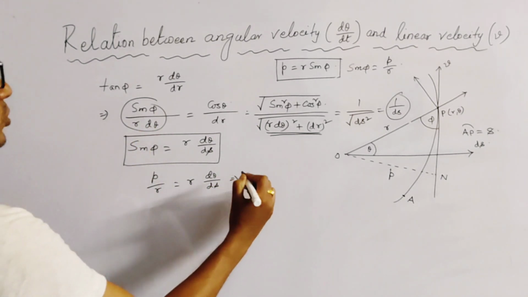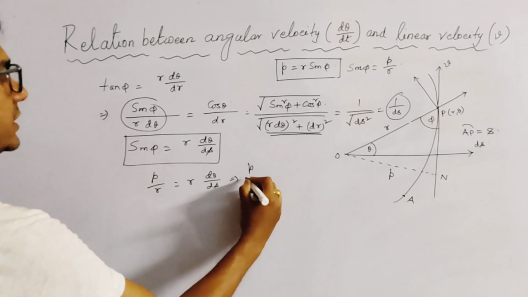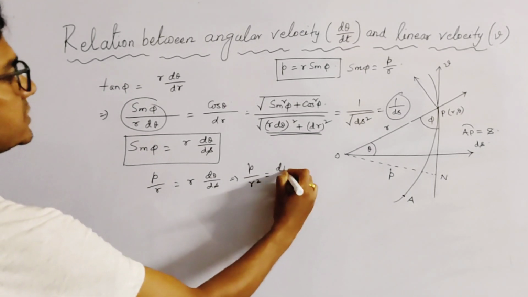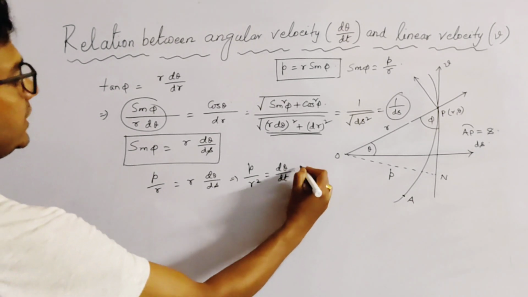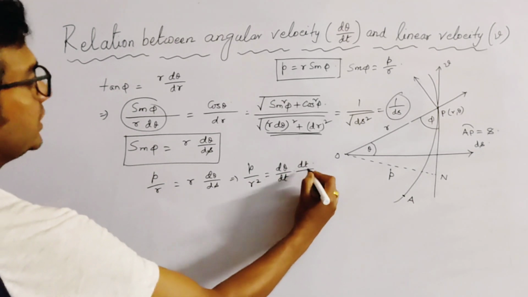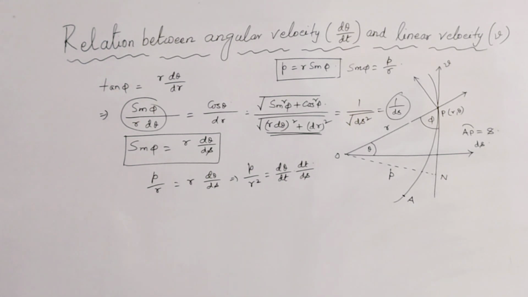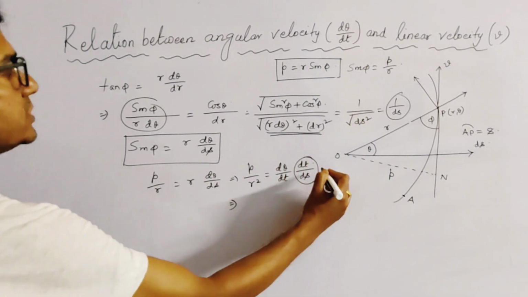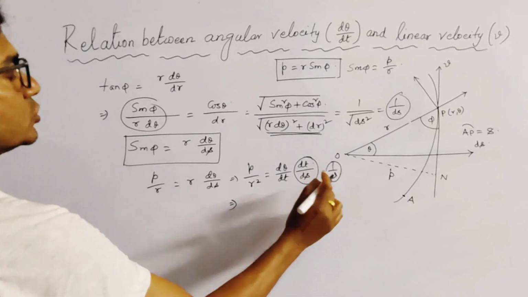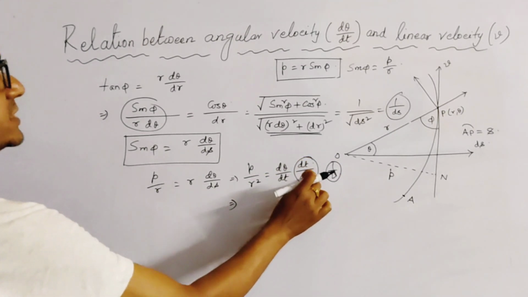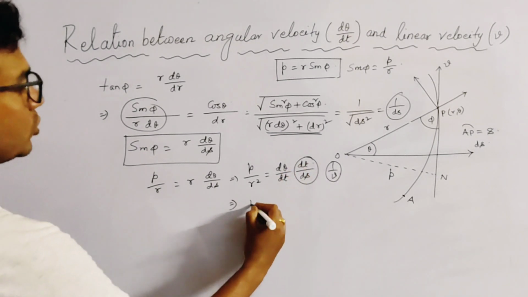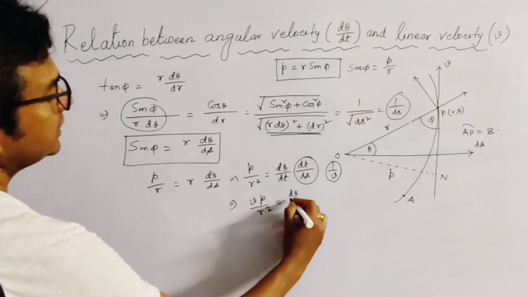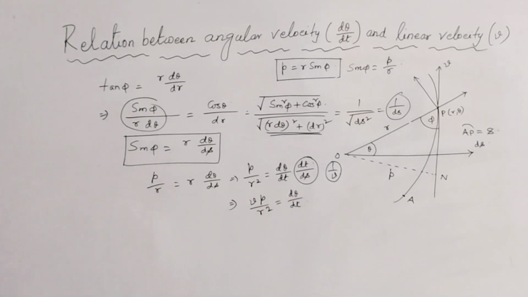Now we write this relation: p by r² equals dθ/dt into dt/ds. And dt by ds means 1 by v. So we put the value of dt/ds equal to 1 by v here. So v p by r² is dθ/dt.